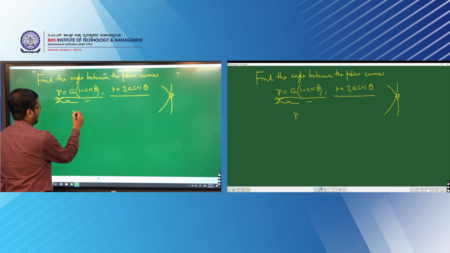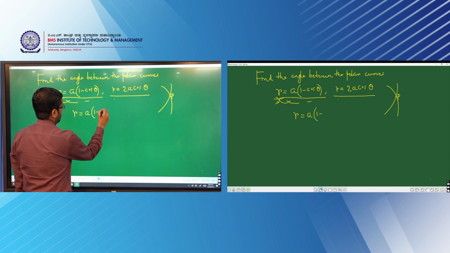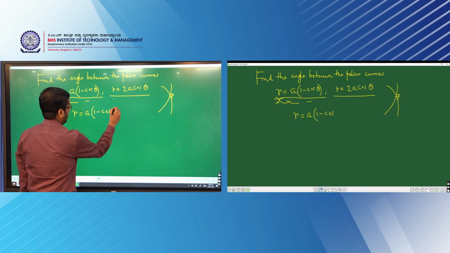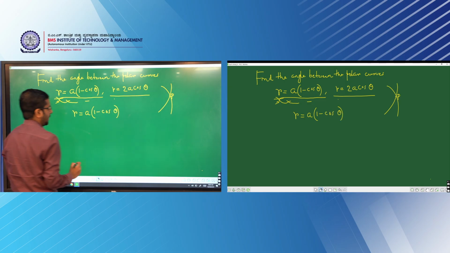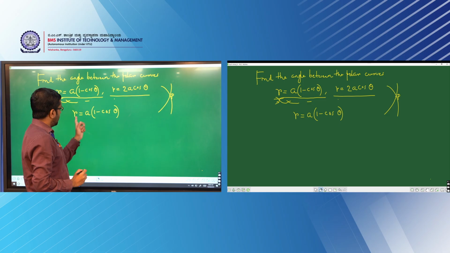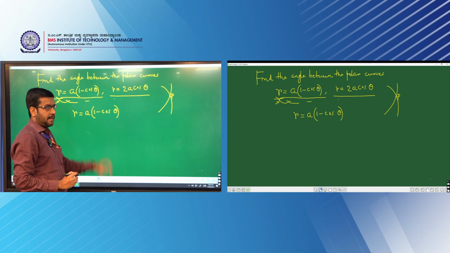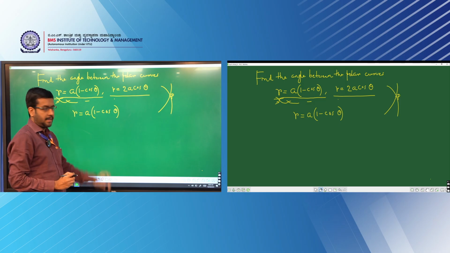First curve I am taking r equal to a into 1 minus cos theta. This type of problem can be done in two ways. You can first find dr d theta, then find d theta dr, multiply by r to get tan phi, then go to cot phi.